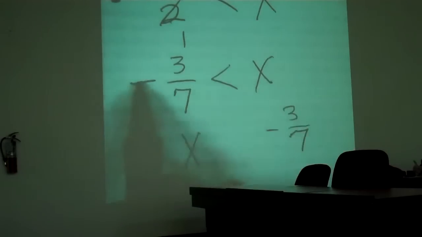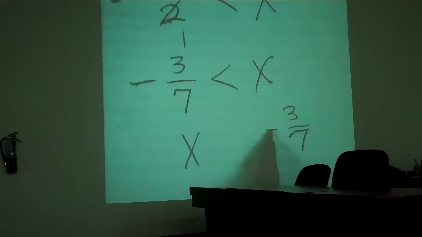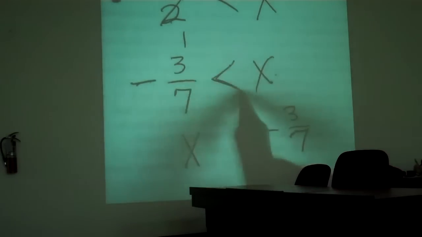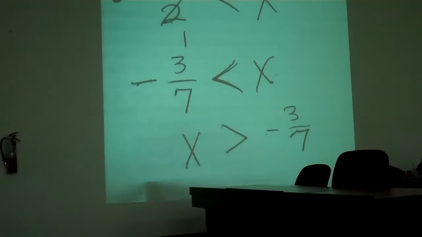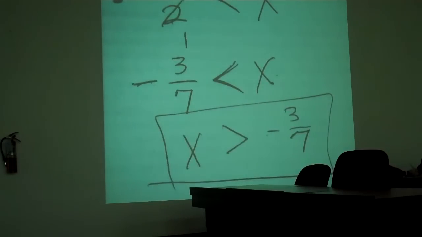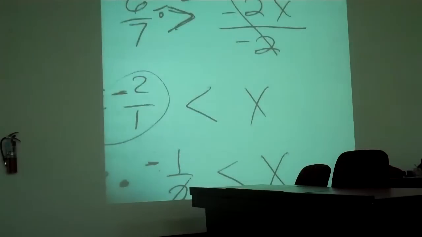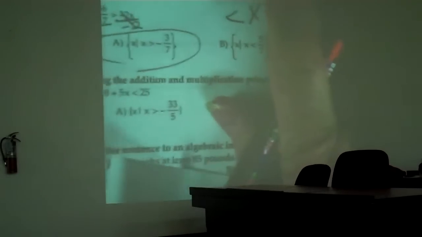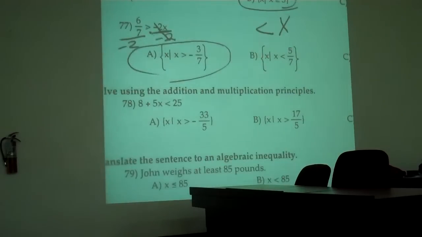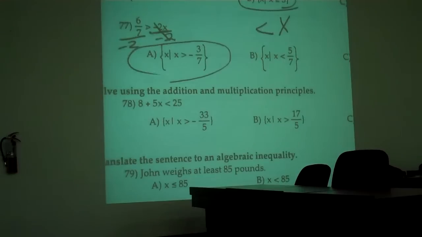It doesn't change either one of these. It's still the negative, but it does change this sign. So now we have x is greater than negative 3/7. Greater than negative 3/7 is right there. That's A. Okay?